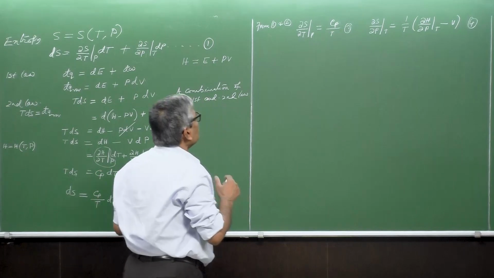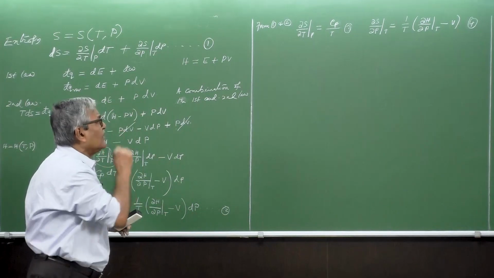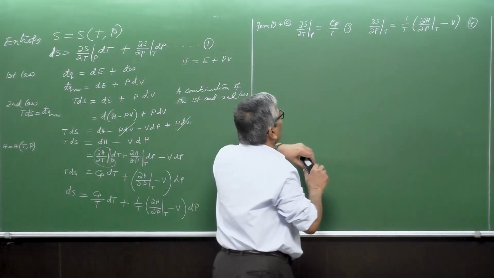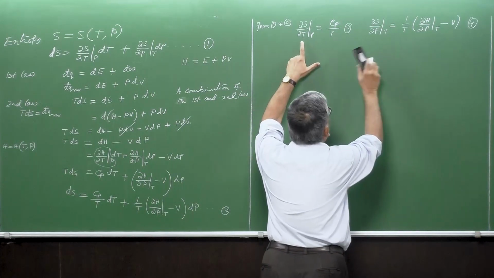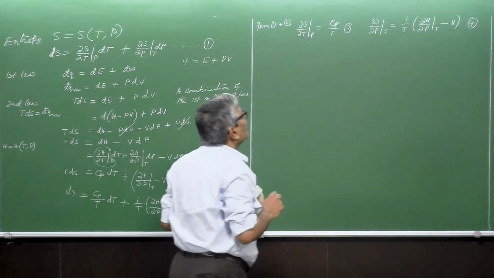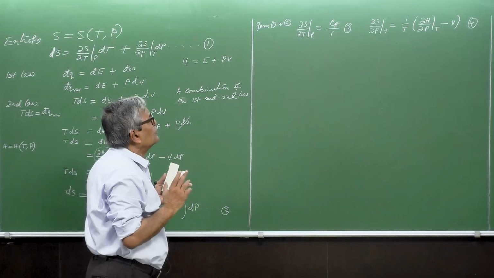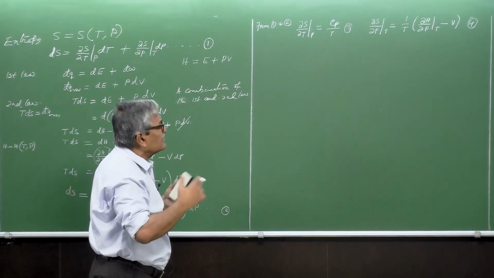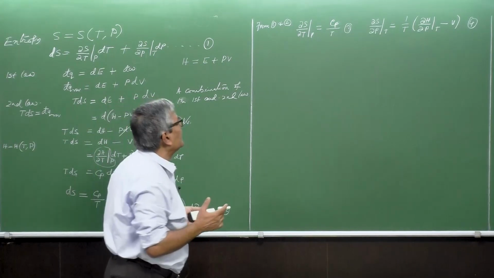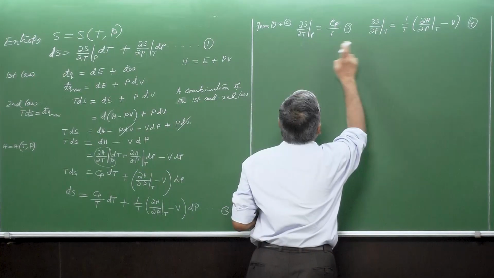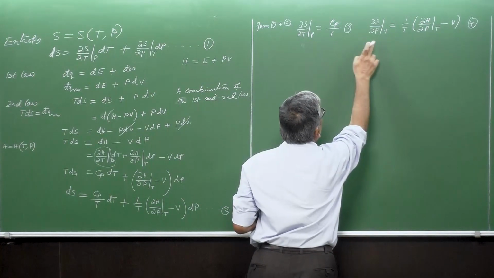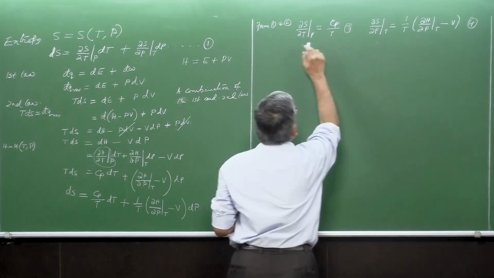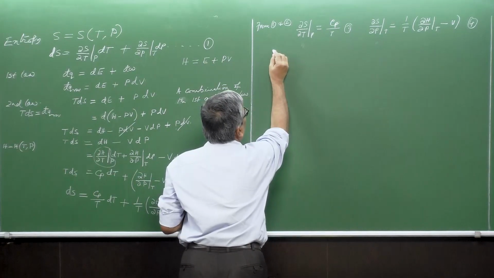Now I will use the condition for an exact differential of a function of two variables. I differentiate one with respect to P and the other with respect to T, and see what we can get by equating them.